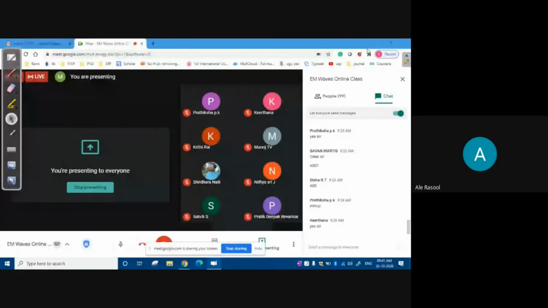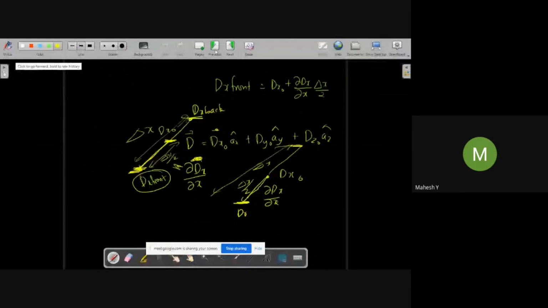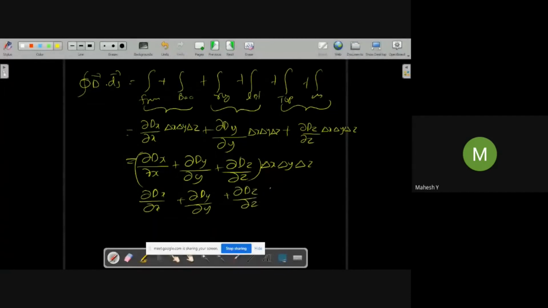What is Δx into Δy into Δz? PV, sir. Delta V. No, delta v. Very good, Alessio. So that will be ∂Dx/∂x plus ∂Dy/∂y plus ∂Dz/∂z into Δv.